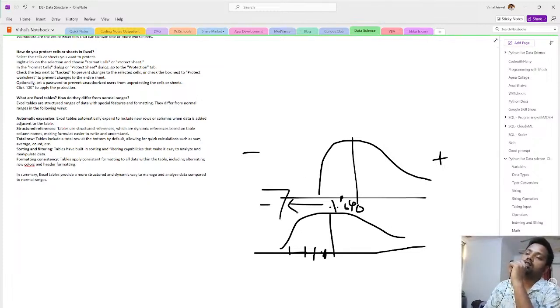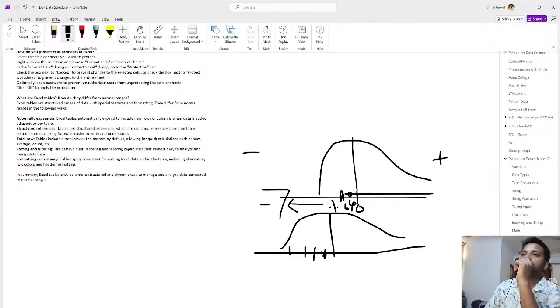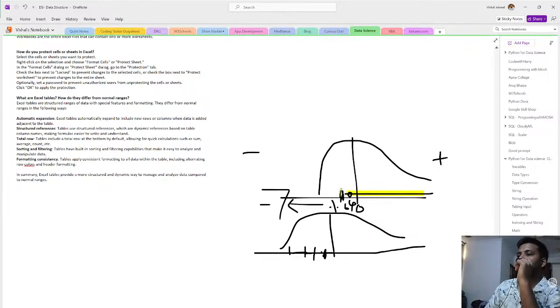Because it is farther away, more than 5%, if 5% is this area, and my number had come in this range, I would have taken the alternative hypothesis as correct.